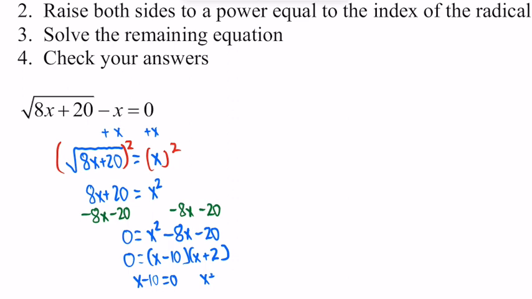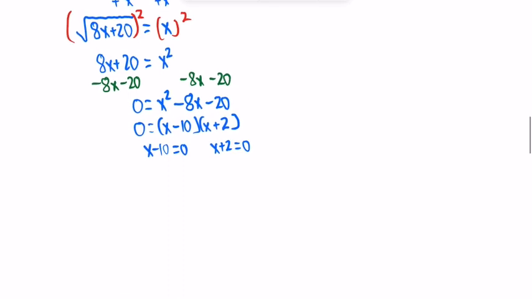X minus 10 equals 0, x plus 2 equals 0. The first one, you add 10 to both sides, and we have x is equal to 10. The next one, you subtract 2 from both sides, and we have x is equal to negative 2.